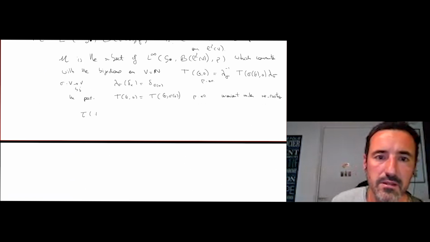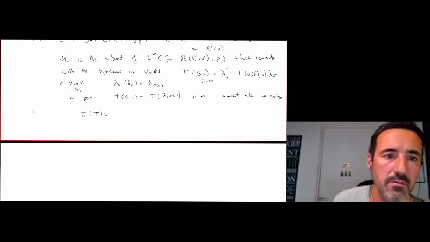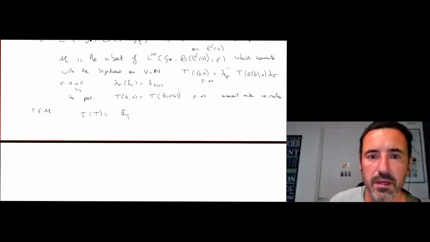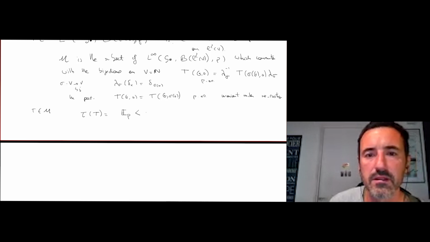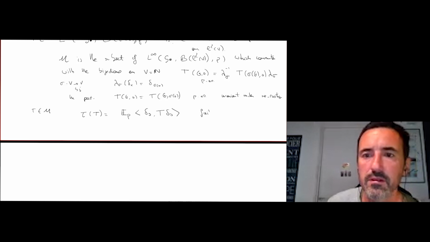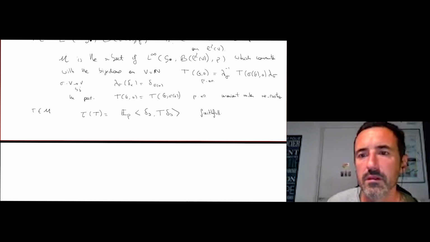If T is in M, you define the trace as the expectation of the Dirac mass at the root, T, Dirac mass at the root. It happens that this is a faithful normal trace on M.